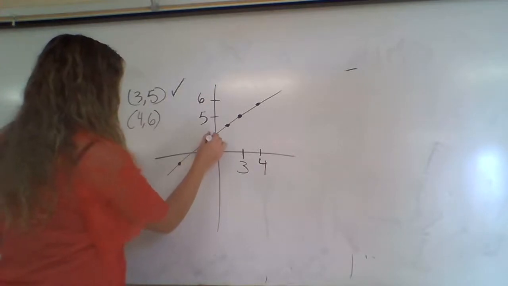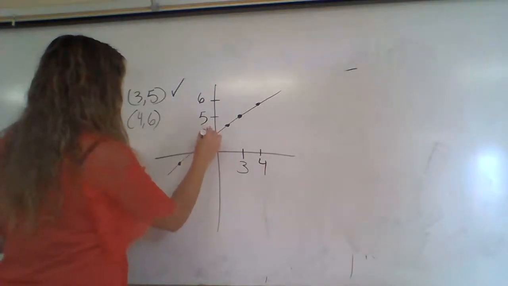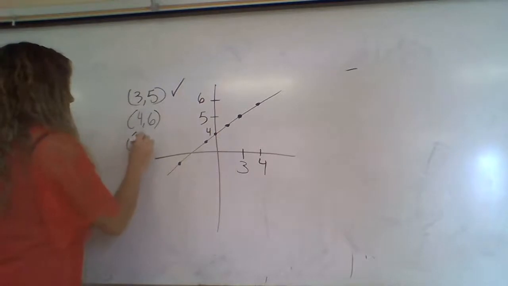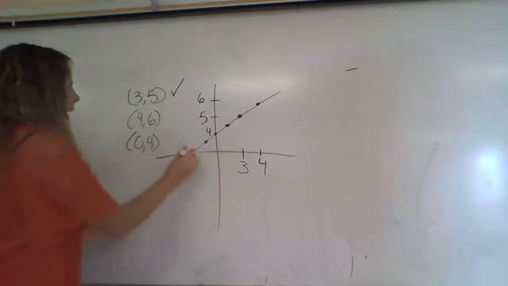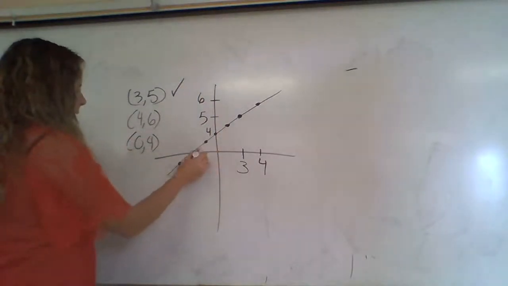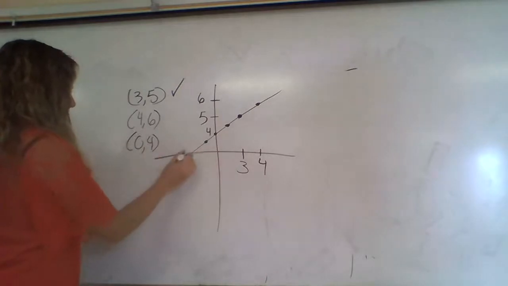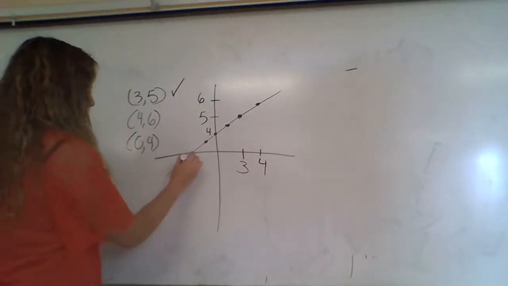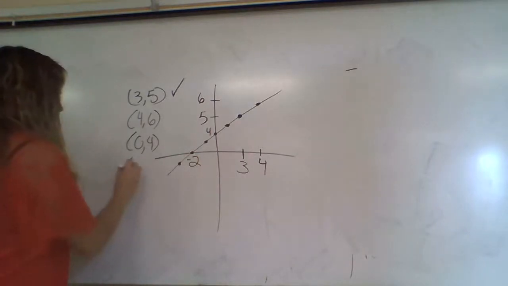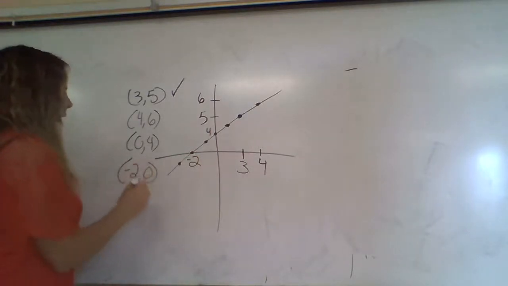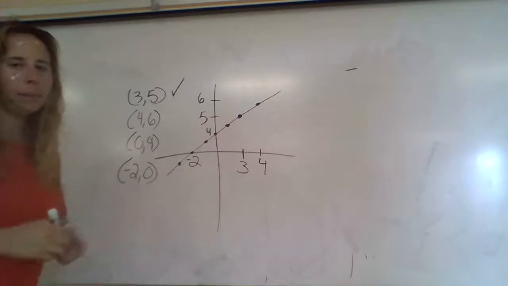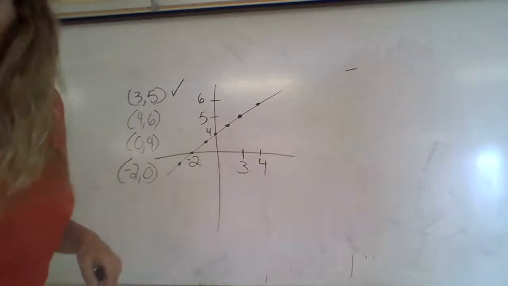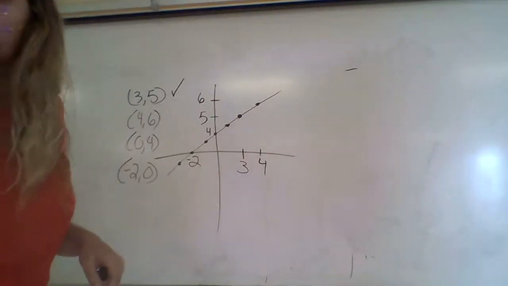Let's say this is like (0, 4) probably. So (0, 4) is a solution. Any point that is on the line. Let's go there. That's like (-2, 0). So (-2, 0) is a solution. So that's what you're doing for 8 through 11.